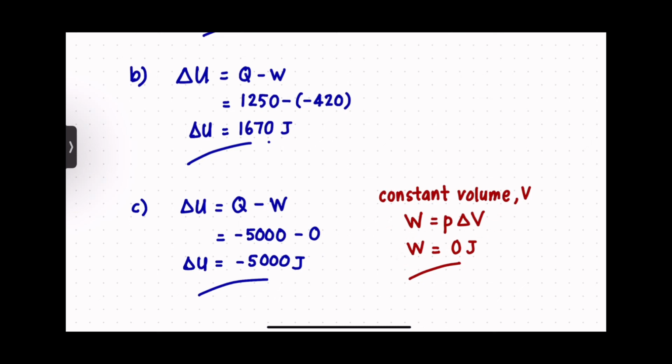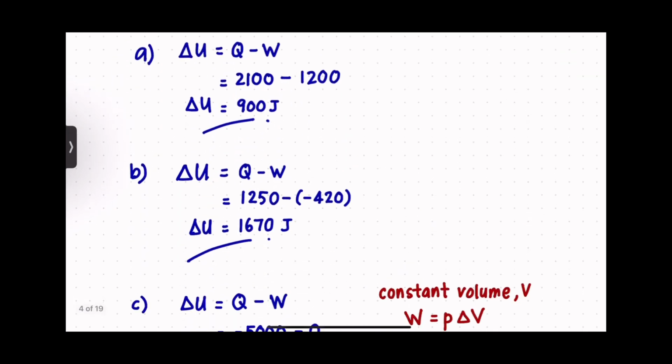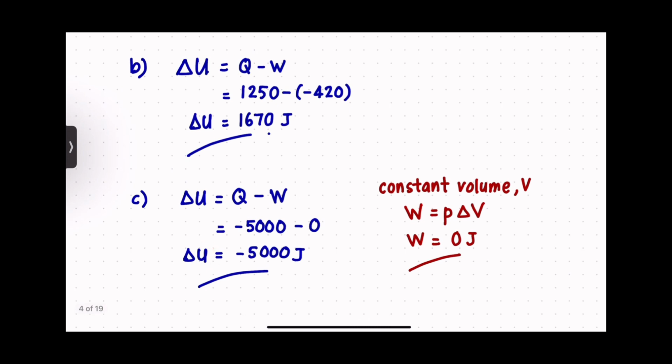As you know, W is zero because it is at constant volume. When the volume is constant, there is no change, so the change is zero. So work done is zero. So delta U equals Q minus W, so negative 5,000 minus 0. Why negative 5,000? Because the heat was removed. So delta U is equal to negative 5,000 joules.